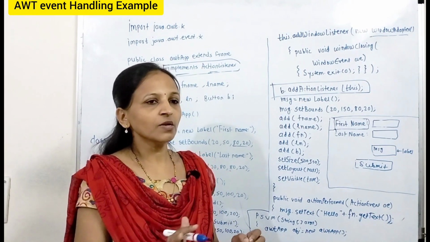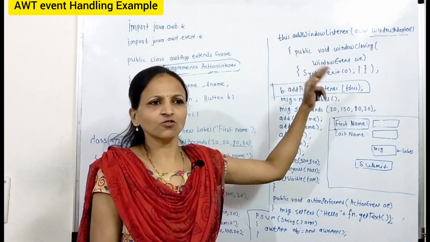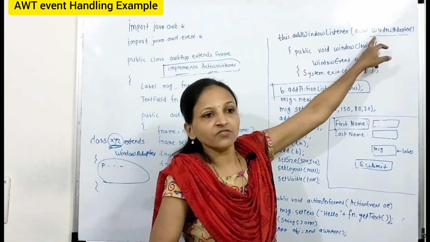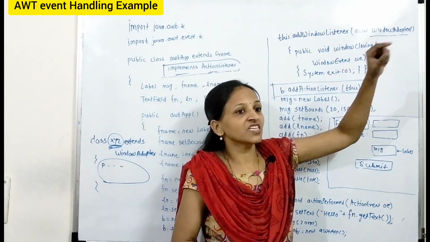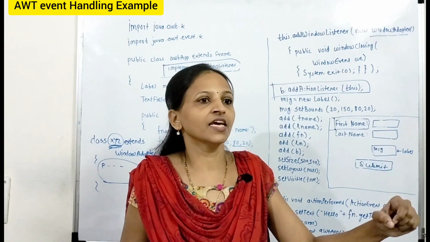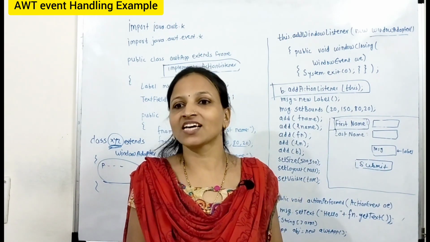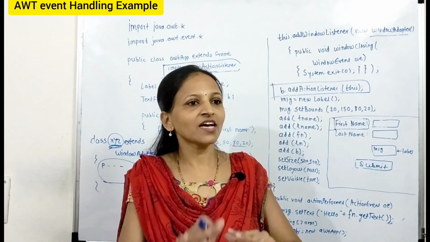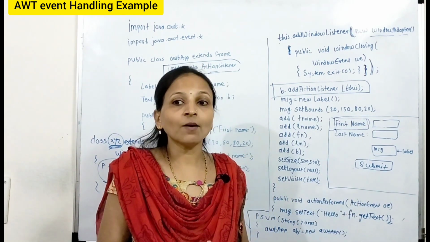Whatever methods you want to execute, those methods only you can execute. Execute means rewrite, override. Here see, we are just creating a class which is extending WindowAdapter, but it is not having any name. These types of classes are called anonymous classes. Anonymous means having no name. Getting?